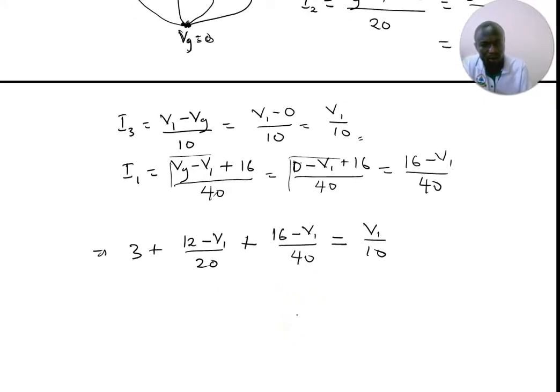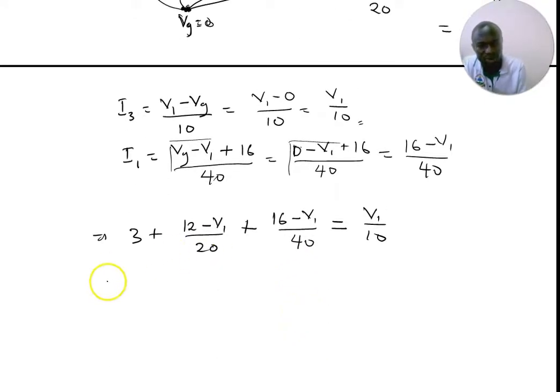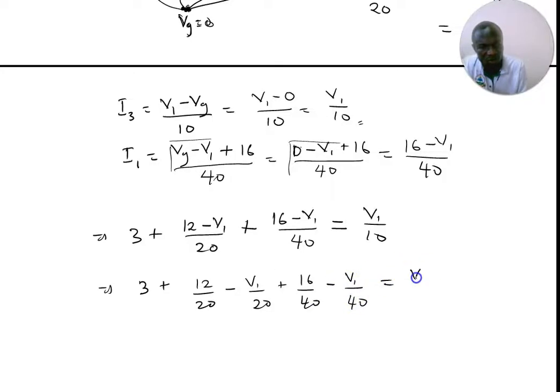So now, to find V1, you just solve this equation. So how do you solve it? You are going to get 3 plus 12 on 20 minus V1 on what? On 20, plus 16 on 40 minus V1 on what? On 40, equal to V1 on 10. I've just separated the fraction here. Right? This is mathematics.